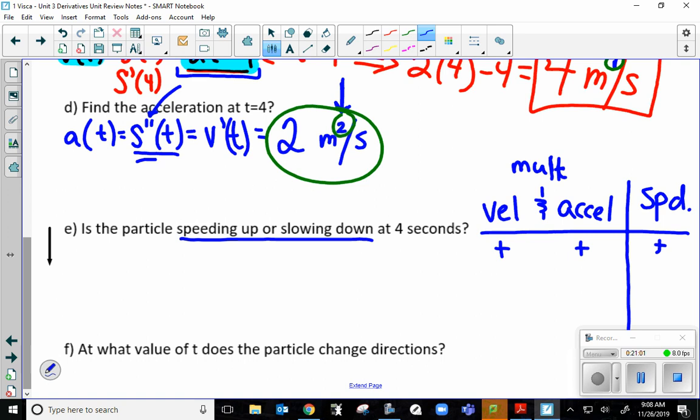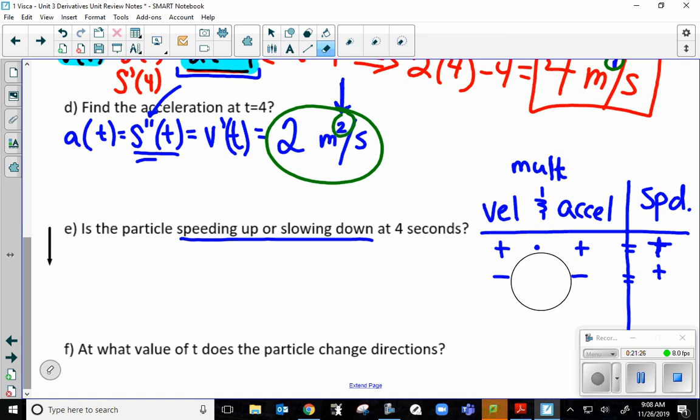If velocity is negative and acceleration is negative, speed is also increasing. If I multiply two positives, I get a positive. If I multiply two negatives, I get a positive. Do not take your actual numbers and multiply them and tell me that is the actual change in speed. I just care about the sign, if it's increasing or decreasing.